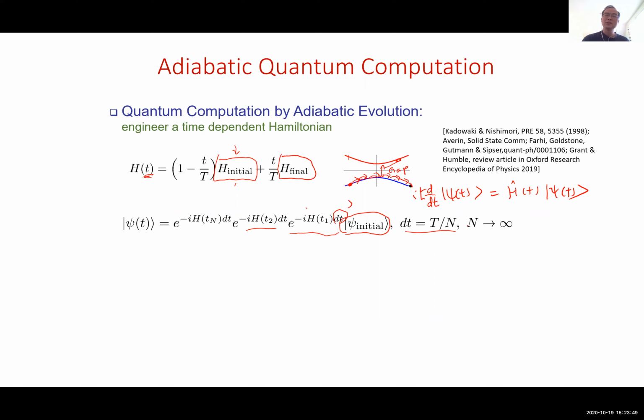And this is a solution of this Schrödinger equation. Okay. Formally, if you are a physics student, you've probably seen this. It's a time-ordered integral of this. You integrate this time-dependent Hamiltonian, but you need to do it in time order. But this is exactly what I wrote here. Okay. And this is just a notation.